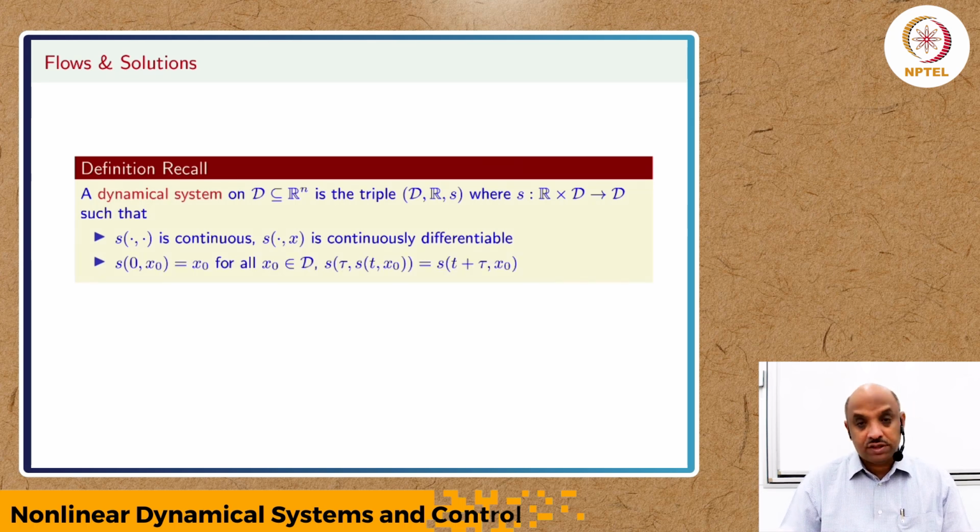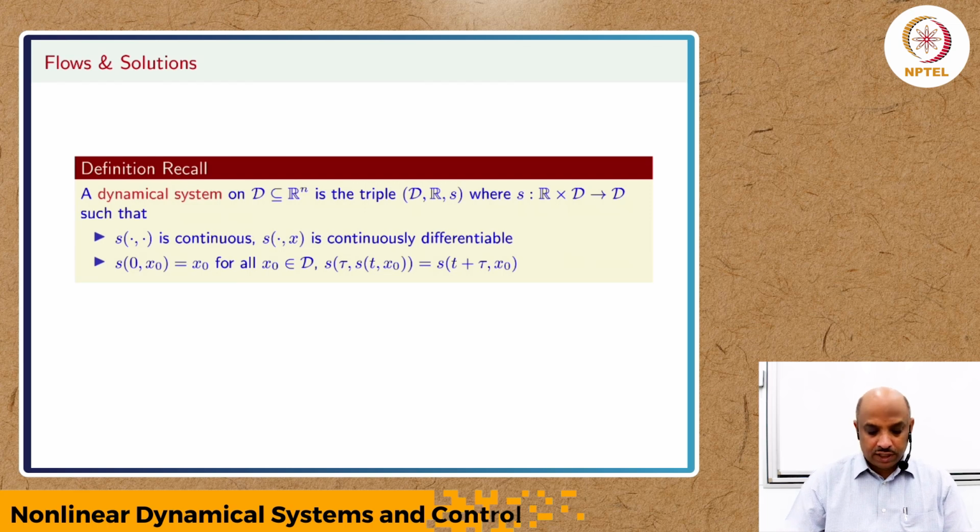And of course, we have these initial conditions, and then of course it's called the semi-group property, where basically if you start somewhere and then go 10 seconds, you can do the same by going 5 seconds and then starting at that particular point go for another 5 seconds.